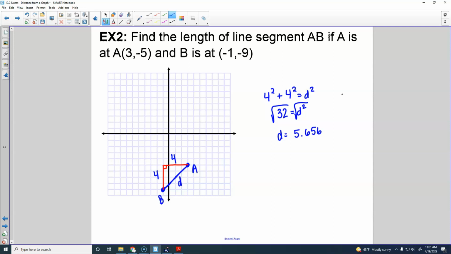It would actually round to 5.657 there. Slight difference, but okay. Questions on number 2?